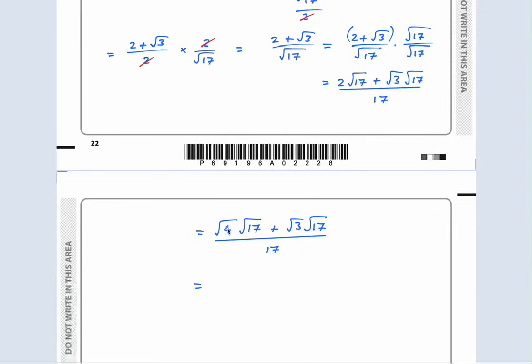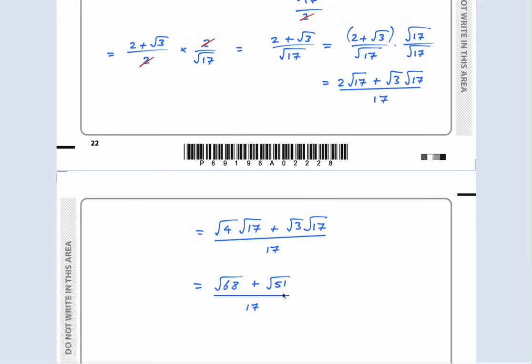And then I can just multiply these out. 4 times 17 is 68, so this is root 68. Root 3 times root 17 is root 51. And then all over 17. And that's the final answer.